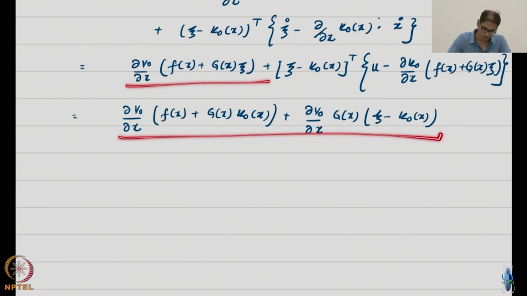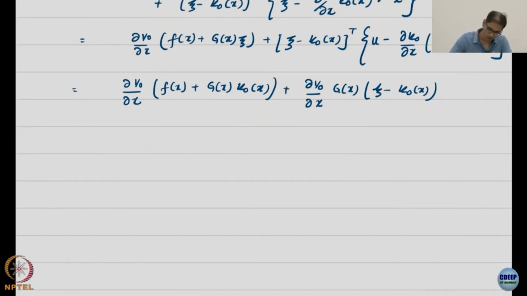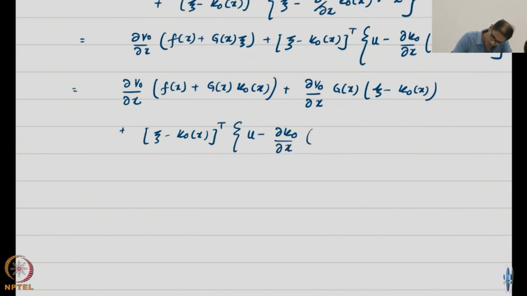Why? Because I know that this is something nice, right? So we always want to rely on something that's already nice. And then I have, of course, (psi minus k0(x)) transpose (u minus partial k0 with respect to x (f(x) plus g(x) psi)).